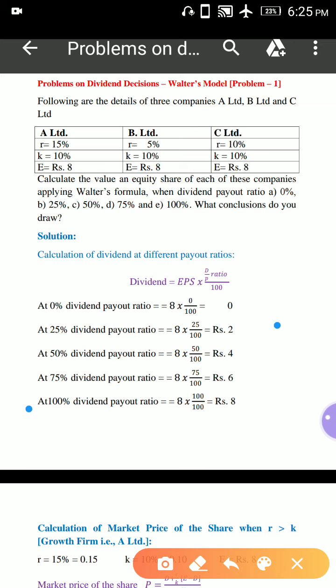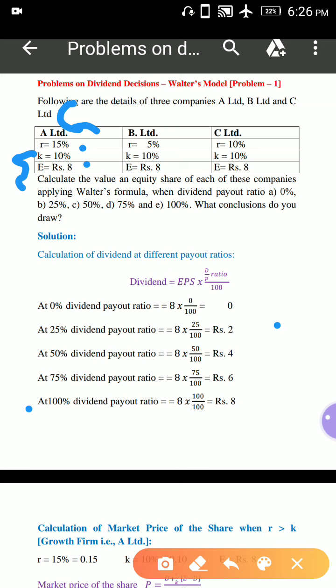See, based on the relationship between R and K, the firms can be divided into three categories, that is normal firms, declining firms and growth firms. When R is greater than K, that is called growth, so here A Limited is a growth firm.